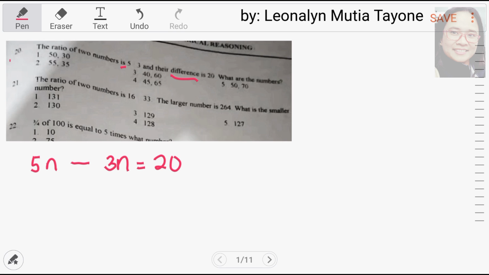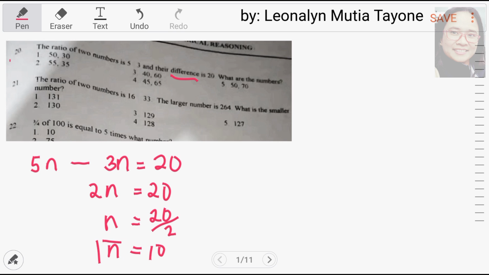So, ito na yung equation dito sa problem na to. 5n minus 3n, that is 2n. At itong 2, since pang-multiply siya sa n, para ma-isolate natin si n, pang-divide siya sa 20. 20 divided by 2, and that is 10. So, ang equivalent ni n ay 10.